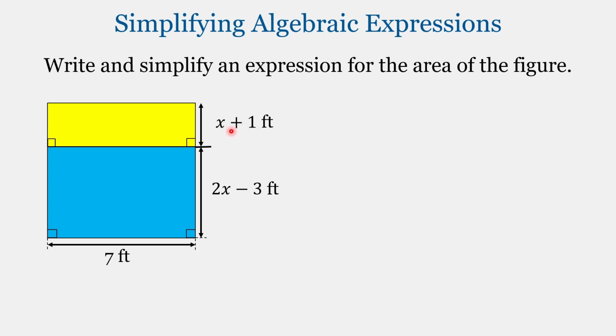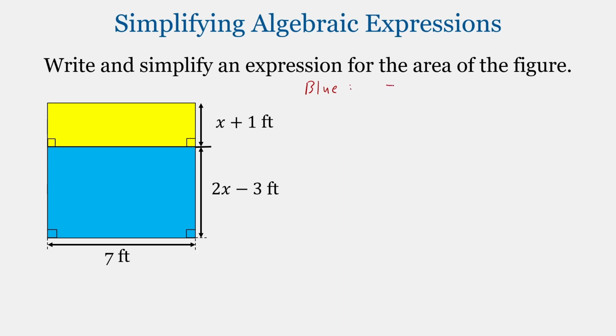So now let's write an expression for the area of the entire figure. And we can do this in a couple of different ways. So the first way I'm going to do it is we're going to write an expression for the blue box. And then we're going to write an expression for the yellow box. And we're going to add those together. Okay, so for the blue box, again, area is length times width.